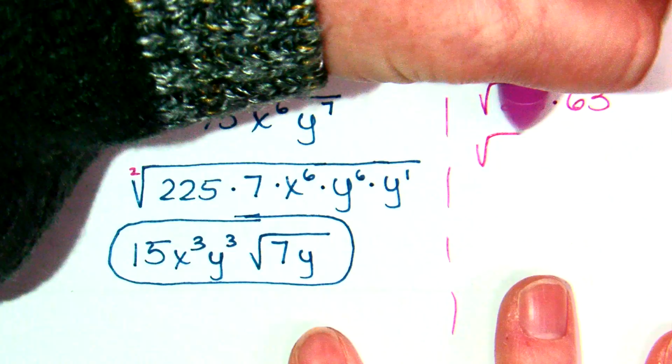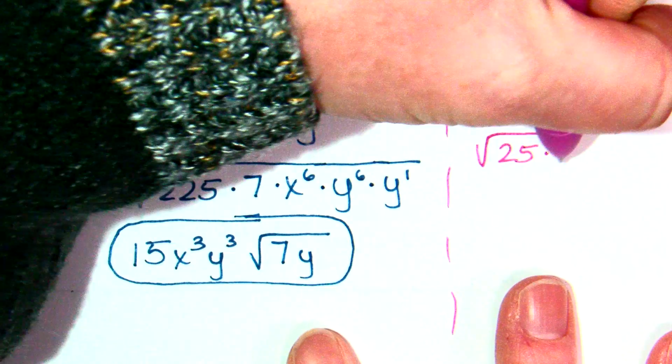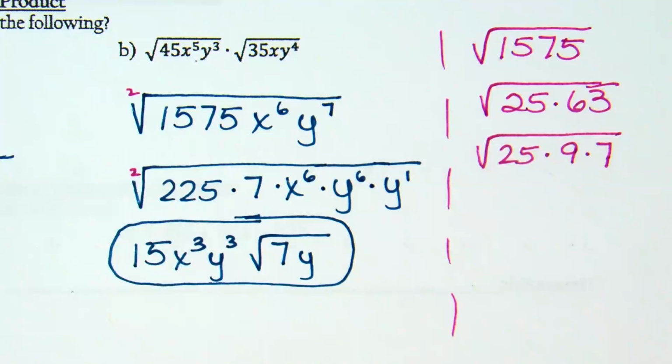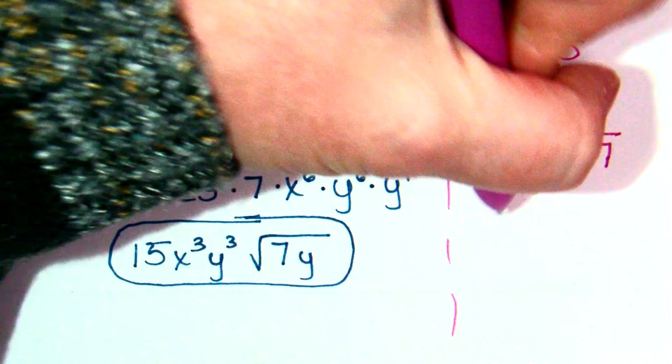That's good. 63 breaks down into 9 and 7. I have two perfect squares and a leftover. And we can do it this way. The square root of 25 is 5. That goes outside. The square root of 9 is 3. That goes outside.